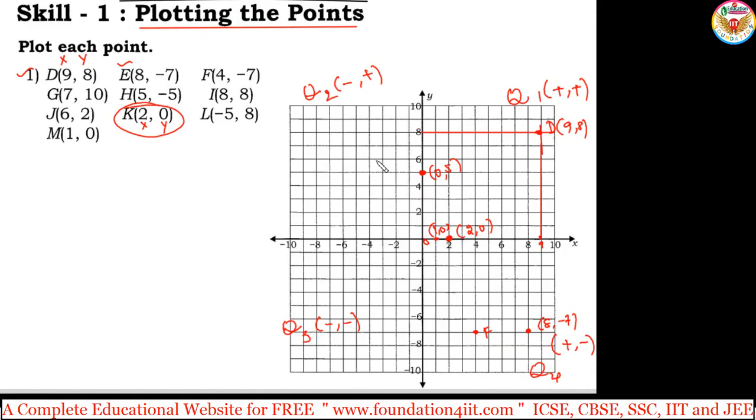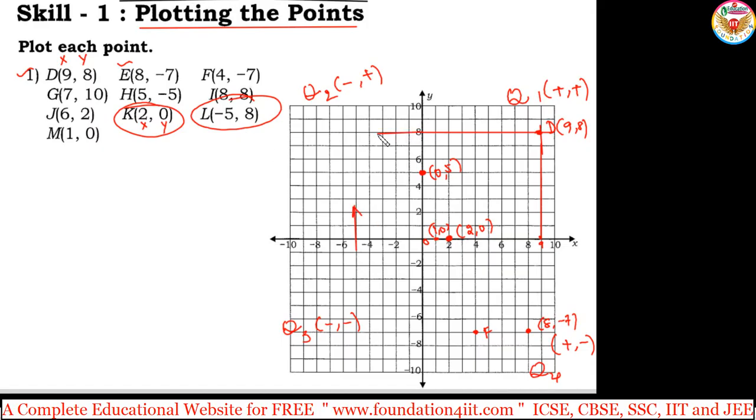So first of all, the perfect thing you should know is plotting the points on the graph paper. For example, in quadrant 2, negative and positive, this L, -5, 8. So this is -5, straight. Wherever -5 is, this line is straight, and 8.